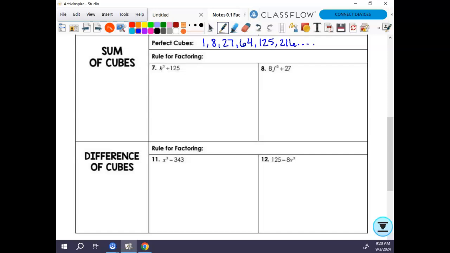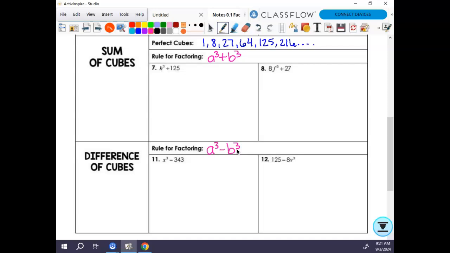So I'm going to show you the process, both of them at the same time, because I want you to see how much they are the same, so you're not looking at this as two different things that you have to remember, okay? So we have sum of cubes would be a cubed plus b cubed. Difference would be a cubed minus b cubed.